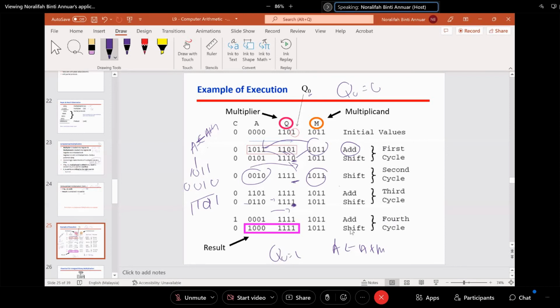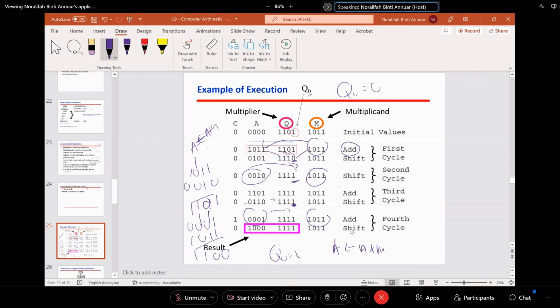What do you add? The multiplicand to A. So you add 0001 and 1011, and you get this answer. Then you have to shift. When you shift, this is your final answer.